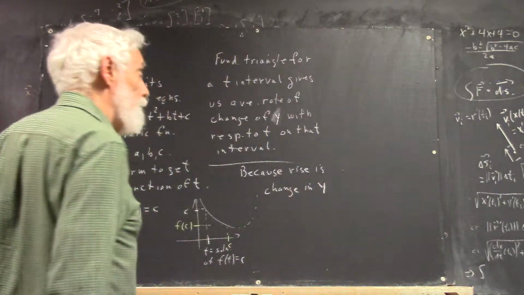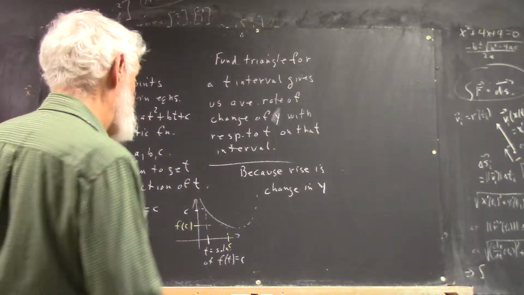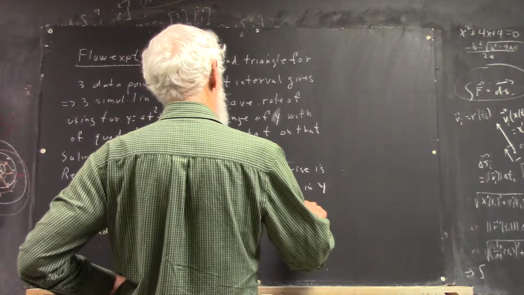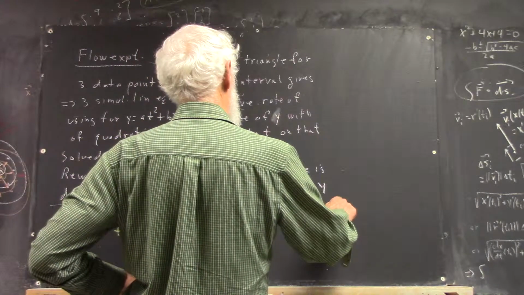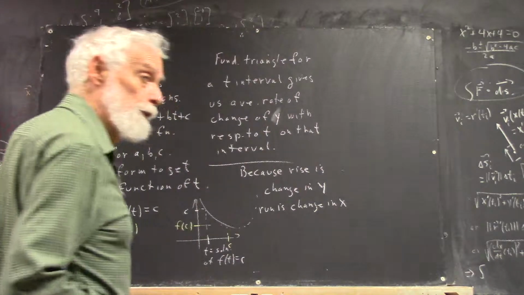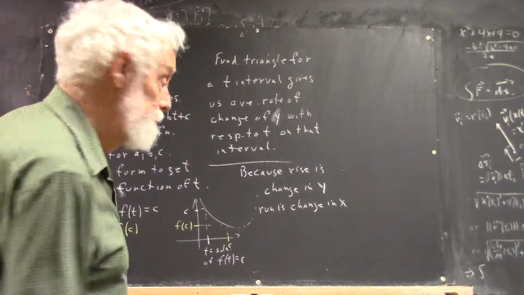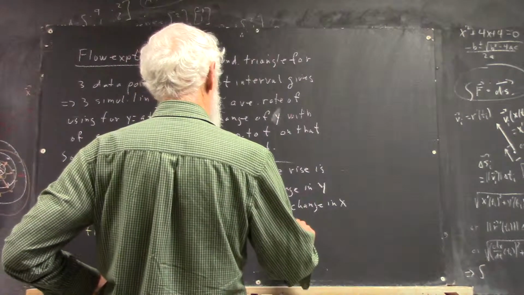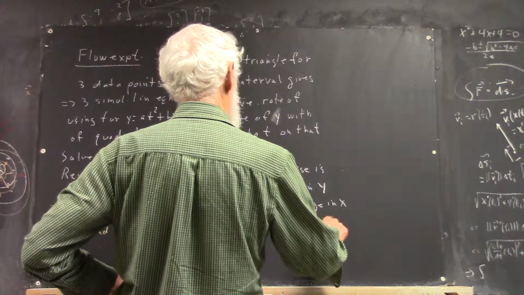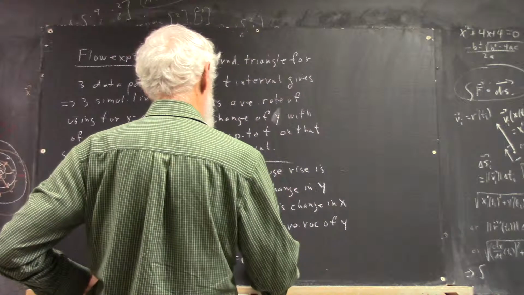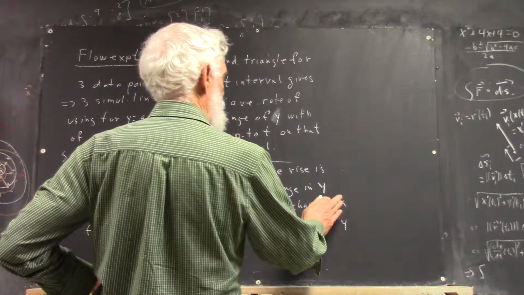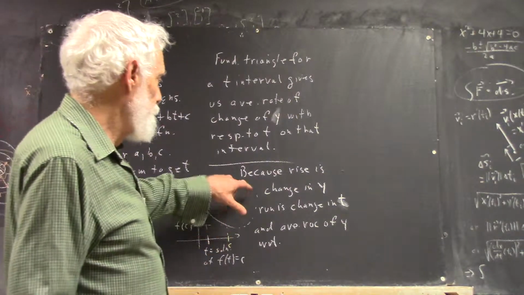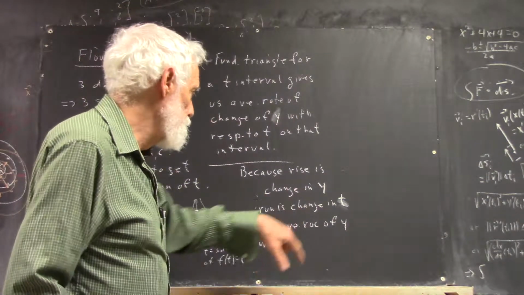This is because the rise is the change in y. Run is the change in x. Actually, in this case, it's a change in t, so we'll keep the variable as t. Okay, rise is change in y, run is change in t.